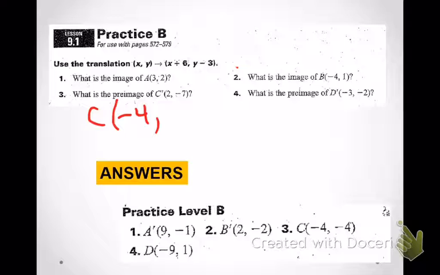And what would the y value be? Negative 7 minus 3. What's that? Plus 3. Oh, yeah. You're right. It would be plus 3 because we're doing the opposite. So yes, negative 4. You were right. Okay. All right.